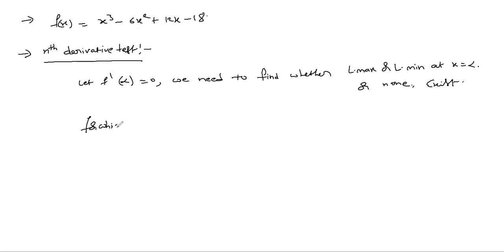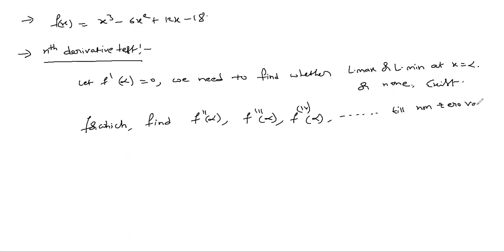For which, find f double dash of alpha, f triple dash of alpha, f fourth derivative at alpha, and so on, up to where? Till a non-zero value is obtained.